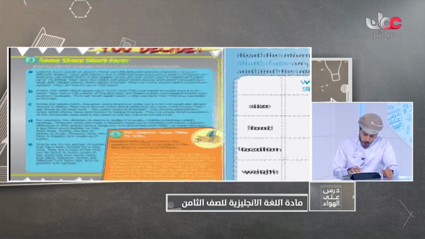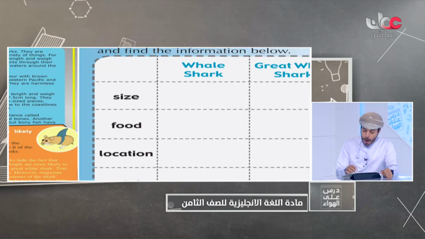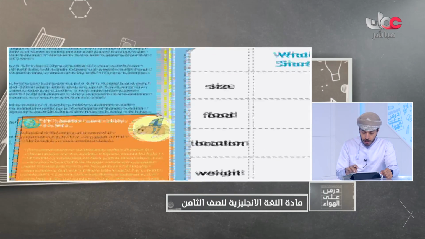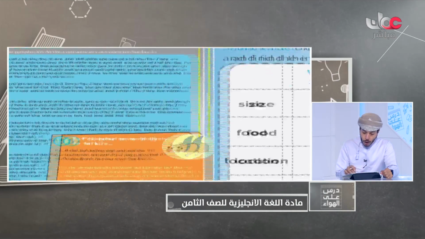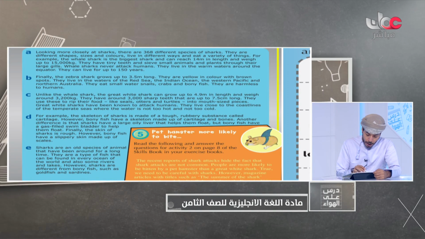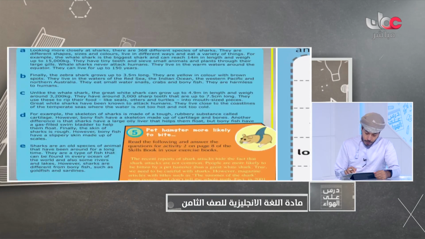Now, when we read the text, we need to find out about the whale shark and the great white shark. The first one is the whale shark. If we skim the text very quickly, we will find that paragraph number 1 is talking about the whale shark. And I will shade it for you.